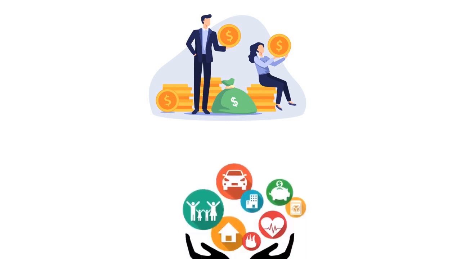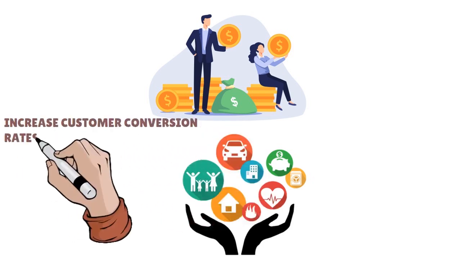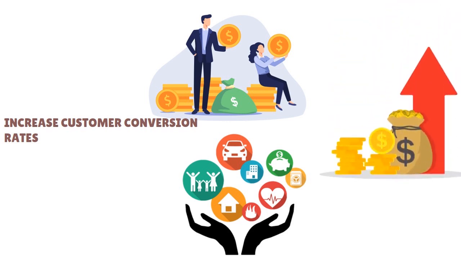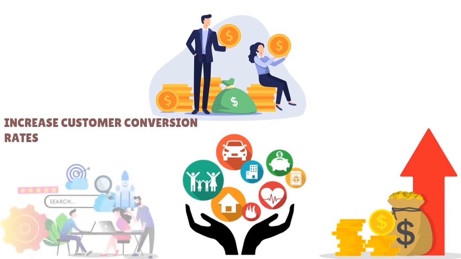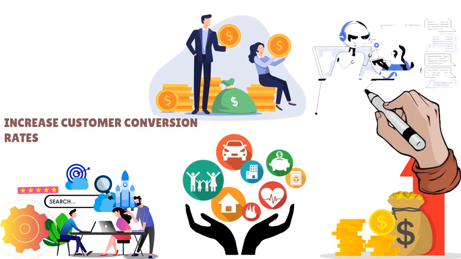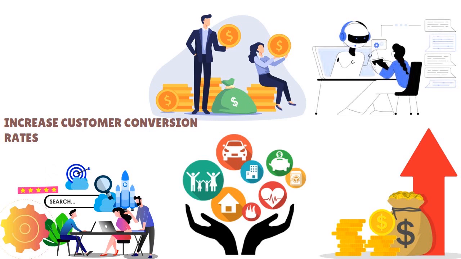You want to offer the kind of stuff the customer wants all the time across the board from A to Z. You want to increase customer conversion rates. That's another possibility there that will help you a lot in terms of growing revenue in a systematic manner. You can help customers find products easily. That's actually what AI-driven features and capabilities do, and they do a good job at that.